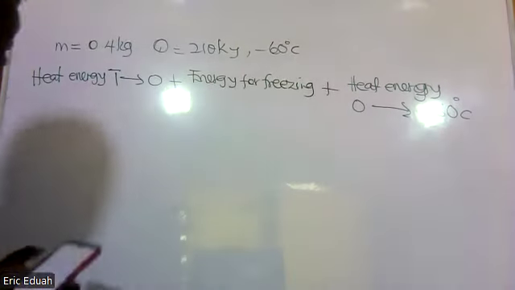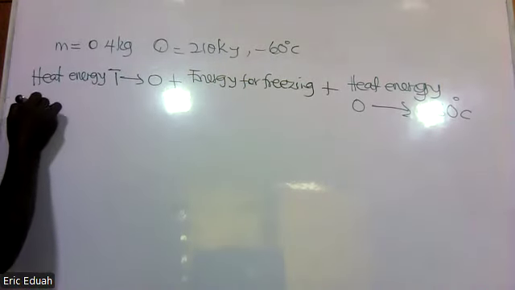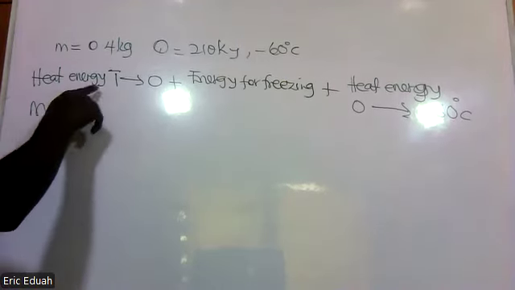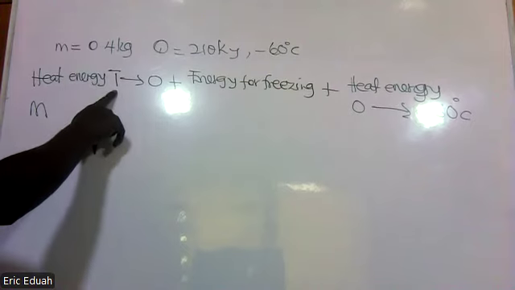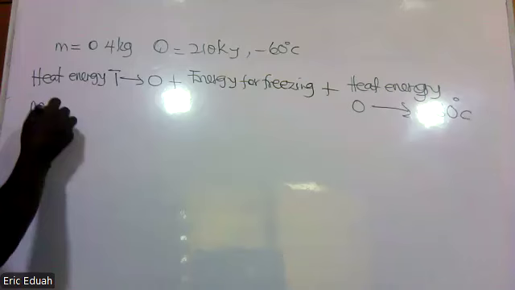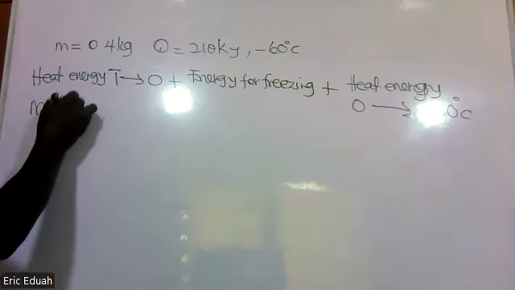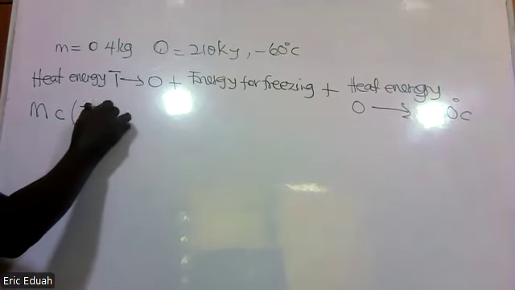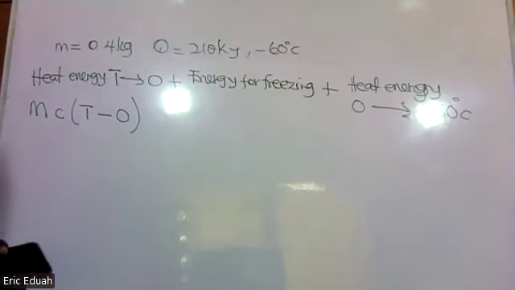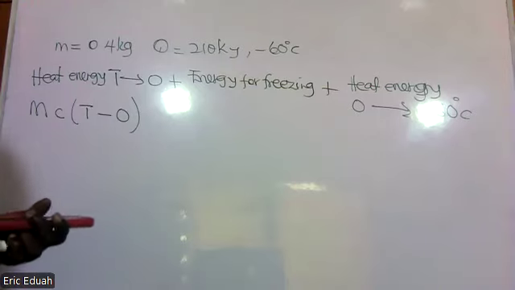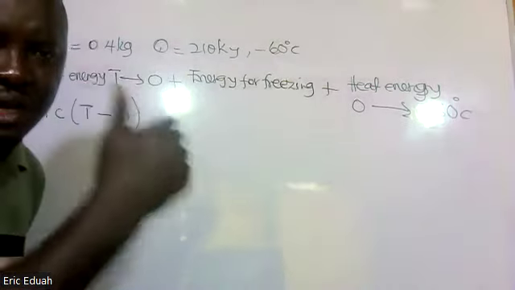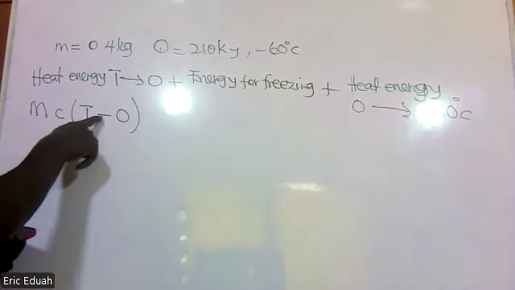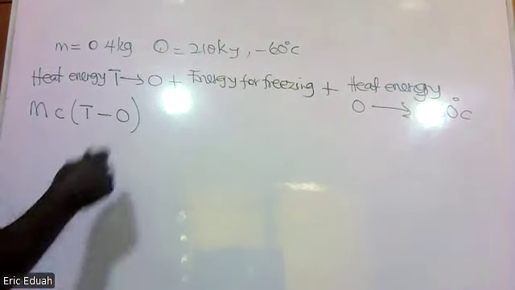So the energy released in falling from an unknown temperature T to 0 is MC, the change in temperature, which is the initial temperature minus 0, not the equilibrium, because it is dropping from whatever initial temperature it is to 0. So the unknown temperature minus 0 will be the change in temperature.